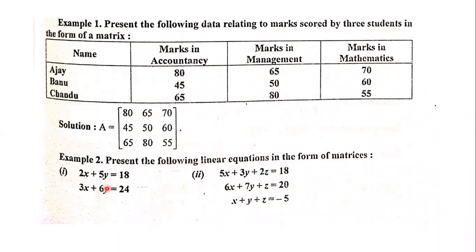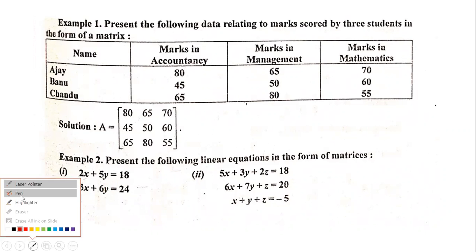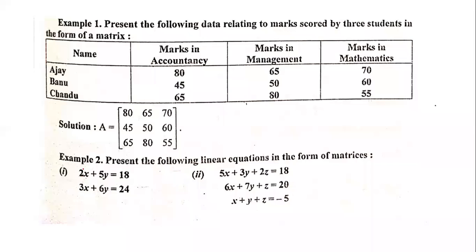Now how do we represent this is very simple again. Just leave out all the variables, that is x and y. So what are the numbers that you get? We'll write a matrix where the coefficients, that is 2, 5, with no plus or minus sign, just the numbers. Then 3 here for the second equation, and 6. So this is the first row, 2 and 5. Second row is 3 and 6.